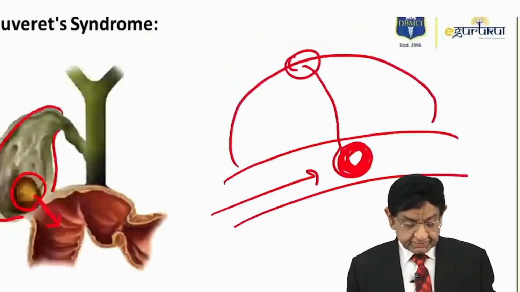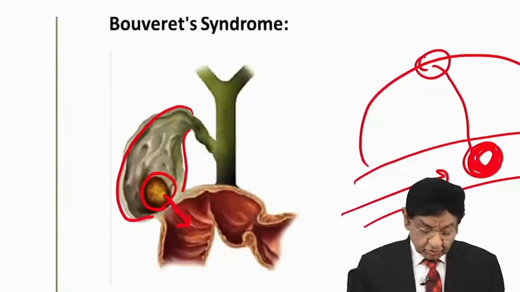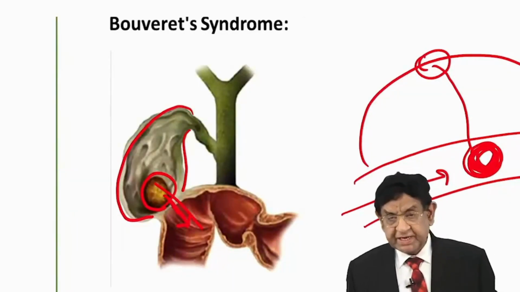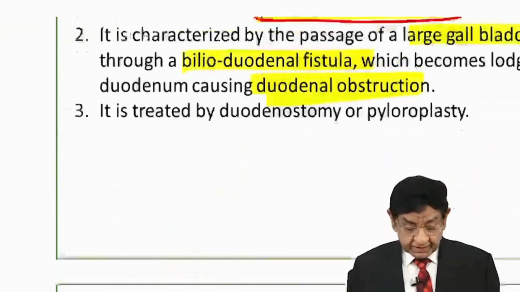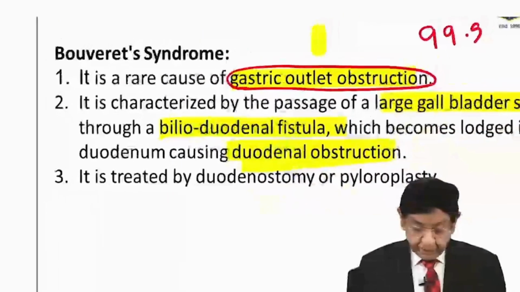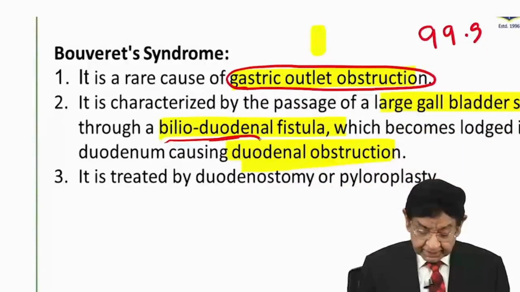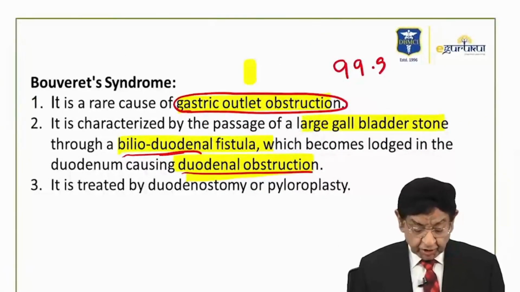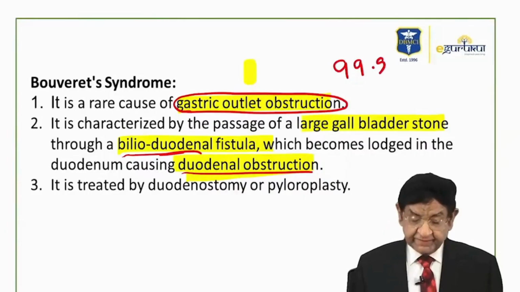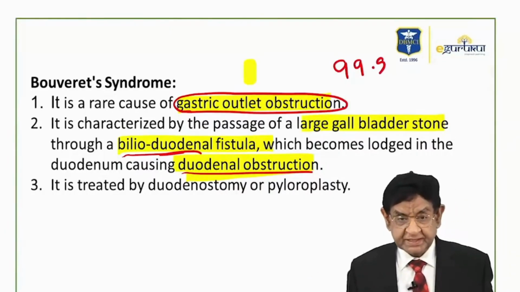So friends, similarly, we have a stone which is entering the duodenum via a bilioduodenal fistula. Okay, so that will go and cause duodenal obstruction. So definitely surgical treatment is needed.